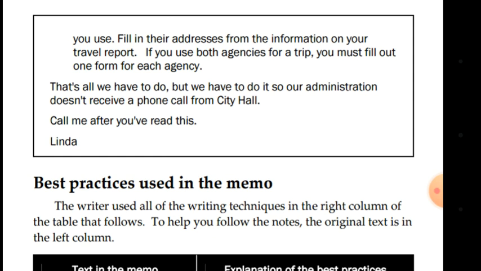And he said, call me after you have read this. The writer repeats the action the reader must complete. So the action is the feedback that lets the writer know the reader has read and understood the message.